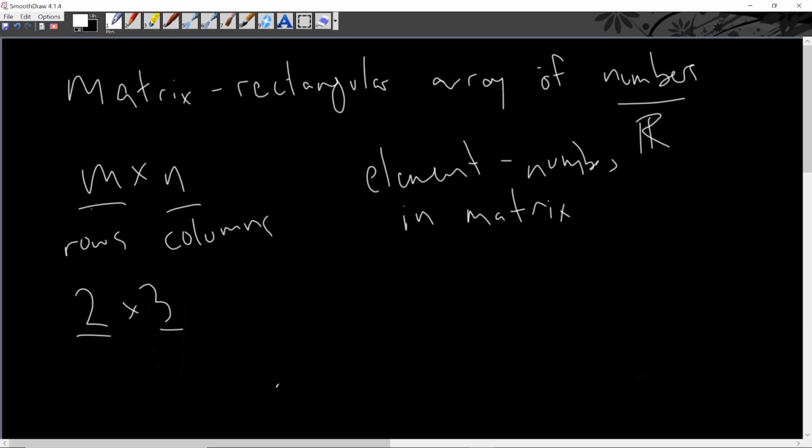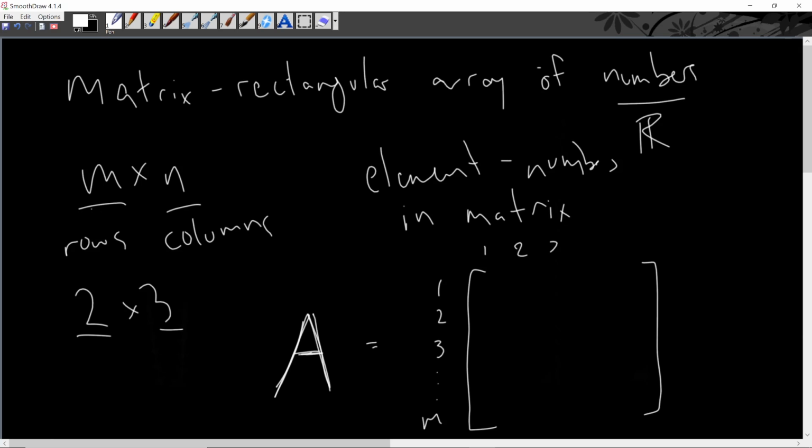So if you have a matrix, big A, which tends to be bolded, with M rows, 1, 2, 3, dot, dot, dot, M, and N columns, 1, 2, 3, dot, dot, dot, N, then we have A1,1, and then A1,2. The first is the row, and then the second is the column.